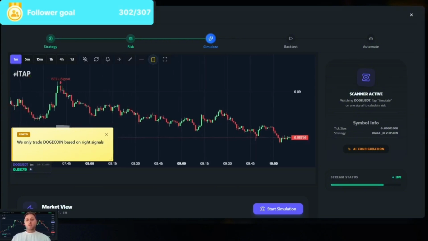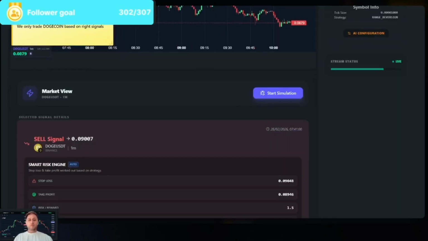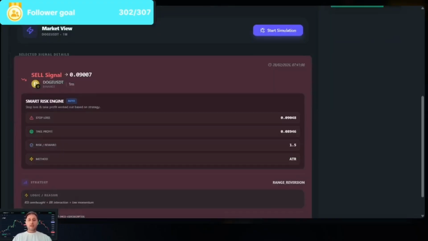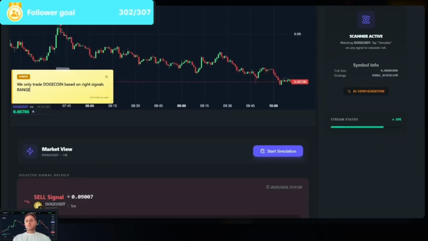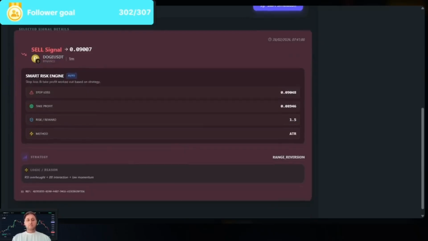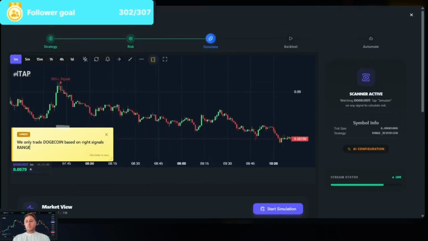The strategy used for the time being for Dogecoin is the range reversion strategy.